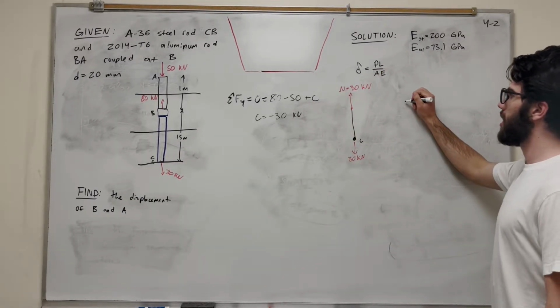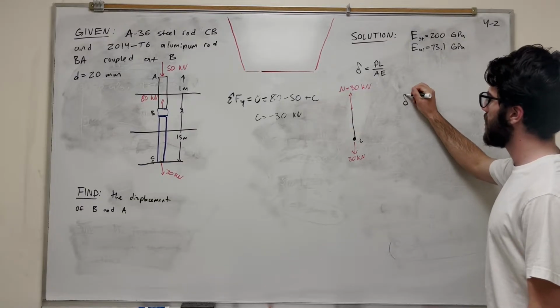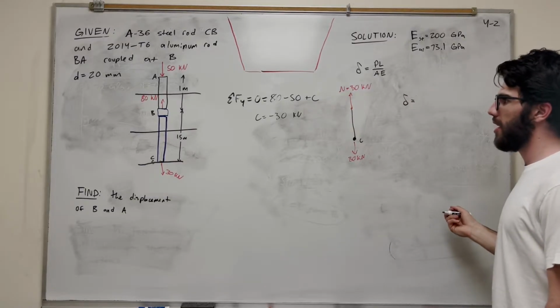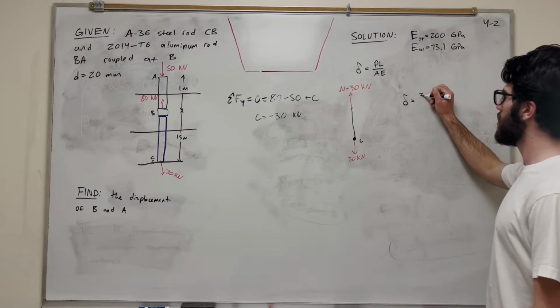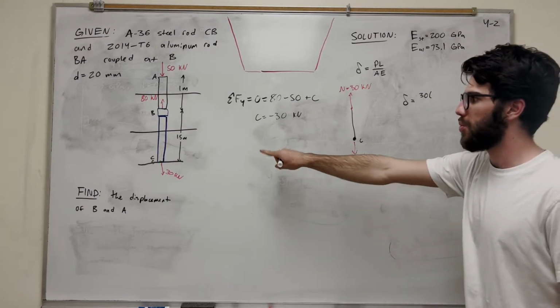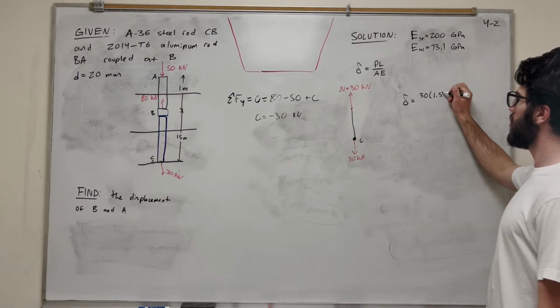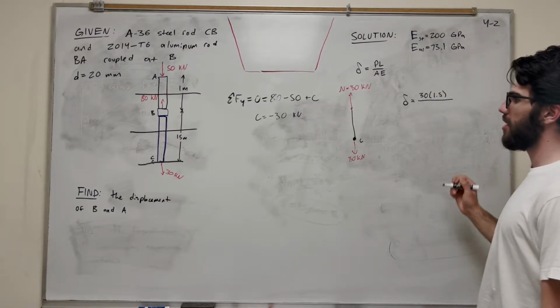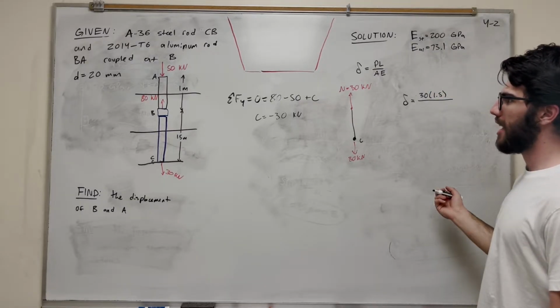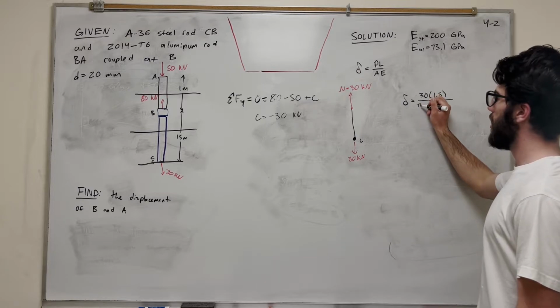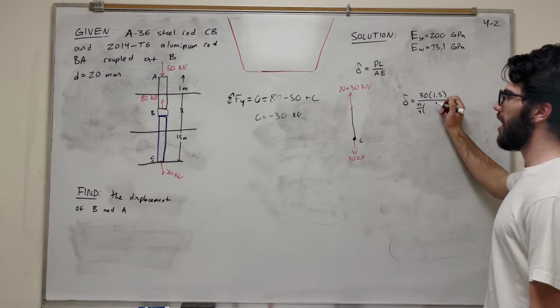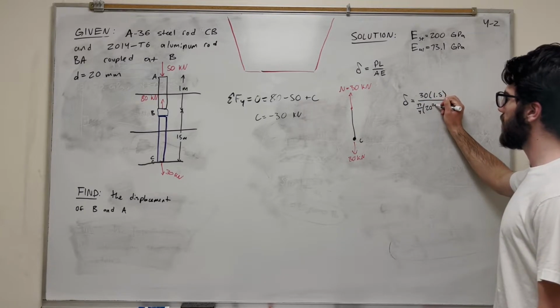So now let's use this equation, now that we know some stuff. Our force, like we just said, is 30 kilonewtons. Our length of this segment is 1.5 meters, right? Our area of this segment, let's calculate that. We have diameter, so we can do pi over 4 times diameter squared to get our area.